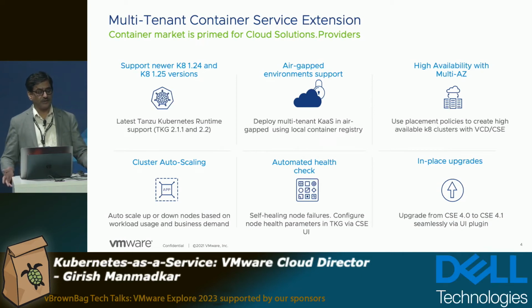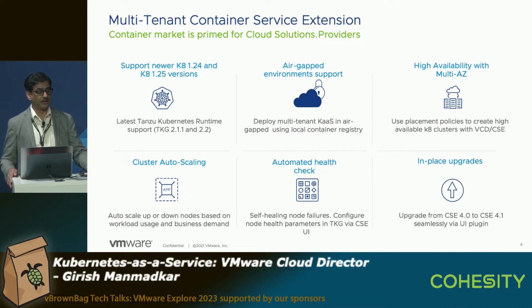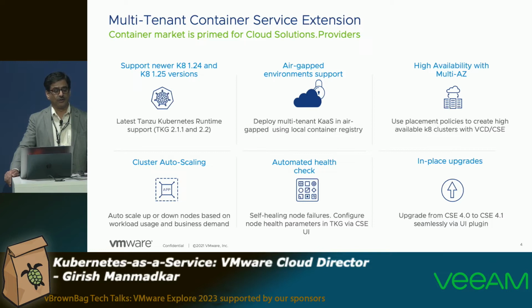High availability is already there, and we can talk about it as we move forward. It is based on the VCD and CSE architecture. VCD already allows you to have availability in multi-site or multi-zones. Cluster auto-scaling is a key feature. We don't want any of your infrastructure to be consumed upfront, so we want to make sure the cluster can auto-scale.